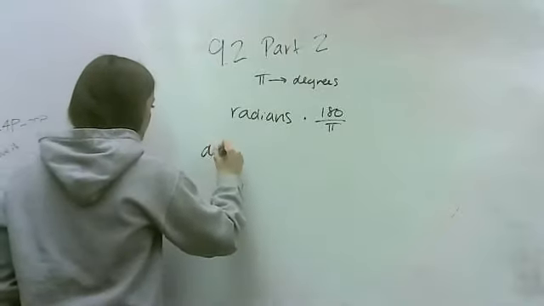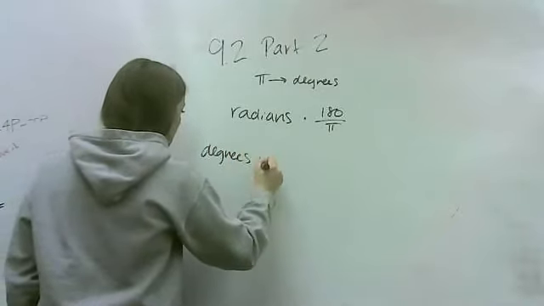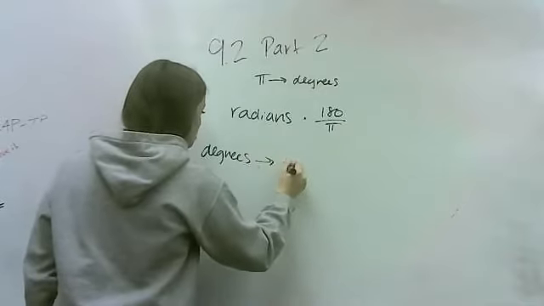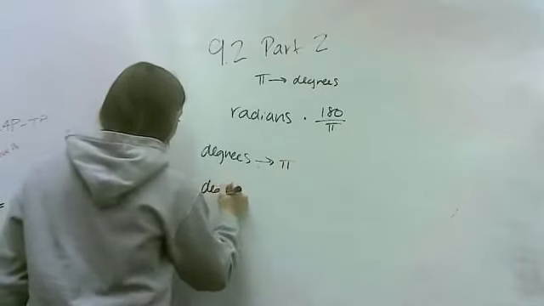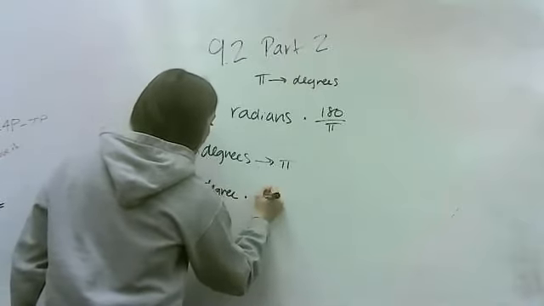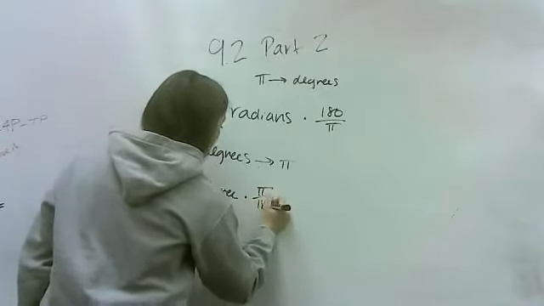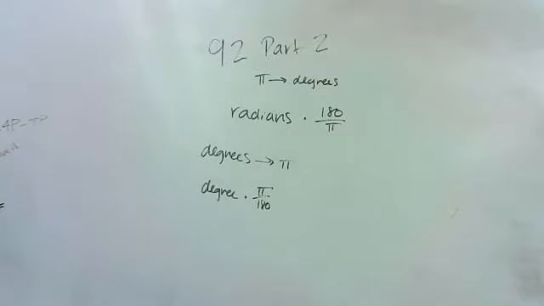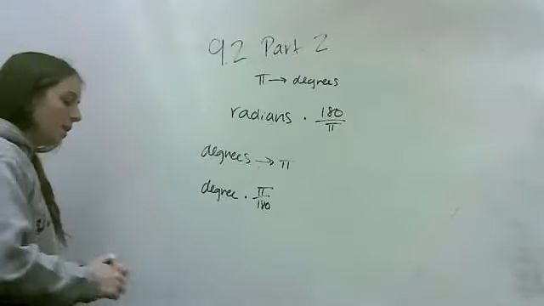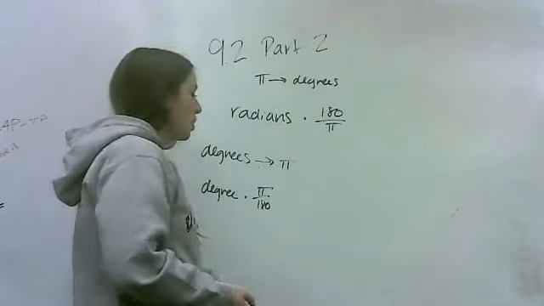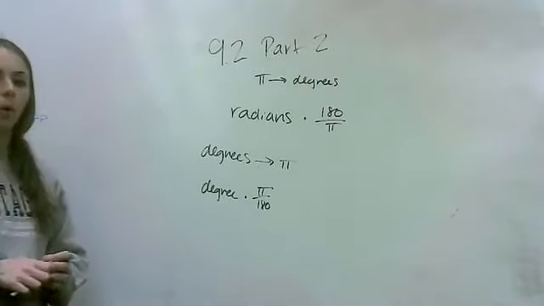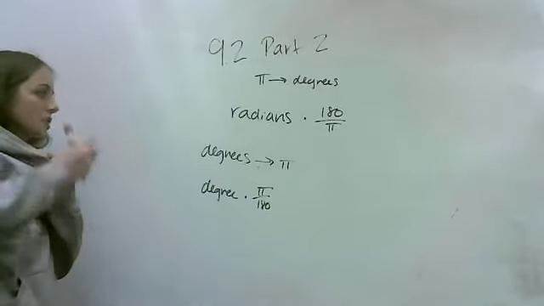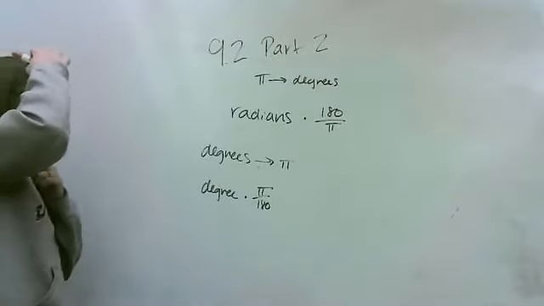If you are going from degrees to radians, you take your degree and multiply by pi over 180. So it is truthfully pretty simple. You just have to be careful with your math and know how to work with fractions a little bit and canceling things out.